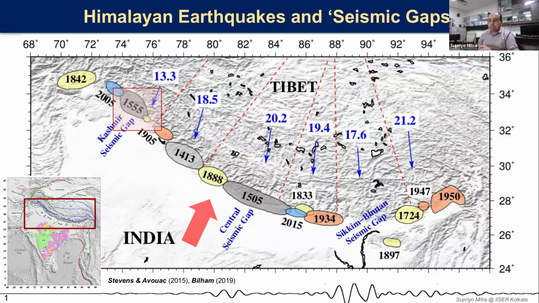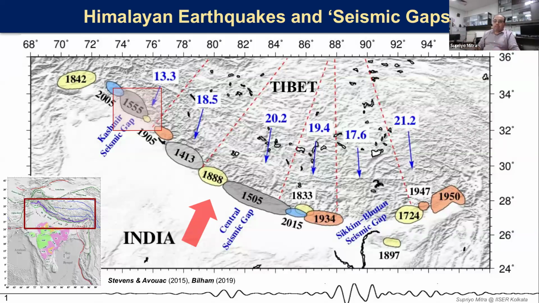There are certain regions where there hasn't been a big earthquake in the last 500 years, which are these gray regions, which we call seismic gaps. But they're not really gaps in earthquakes in the sense that there hasn't been a big earthquake; these regions are accumulating elastic strain and will produce big earthquakes in the future.